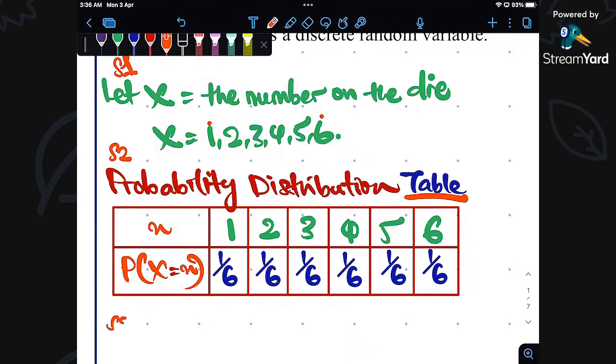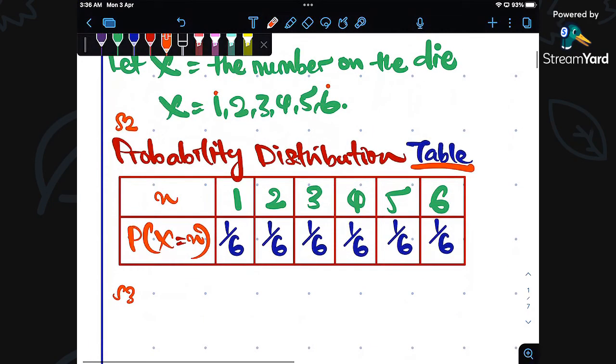The last step is that we list down the summation. This is a very important thing. We list down the summation of the probability, so remember to put the sigma to represent the summation.